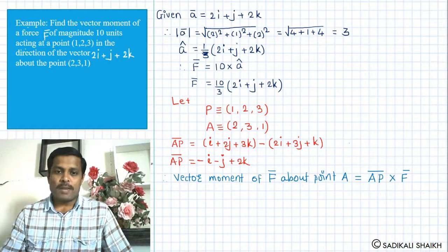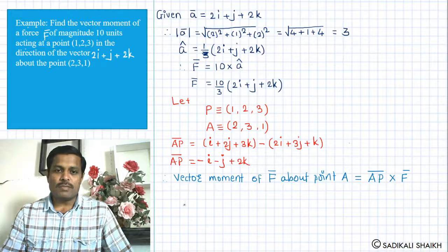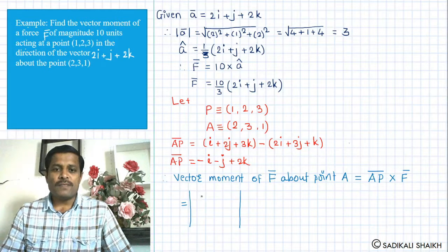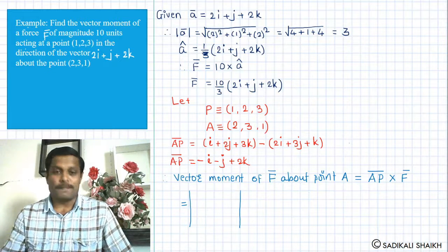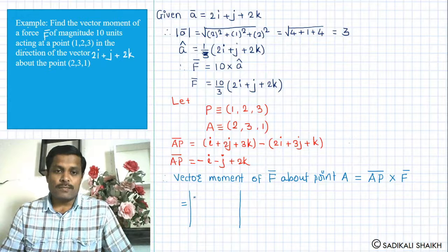So I am writing here that is equal to the determinant. Okay, the first row of the determinant is the unit vectors along the axes, that is I, J, K. So here the first element of the first row is I, then the second is J, and the third is K.